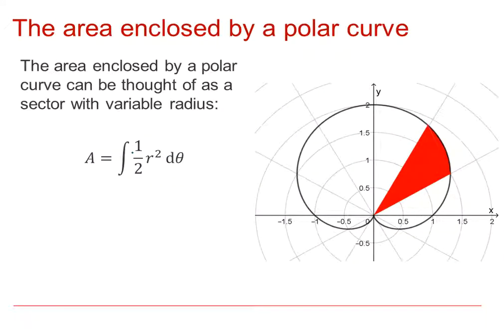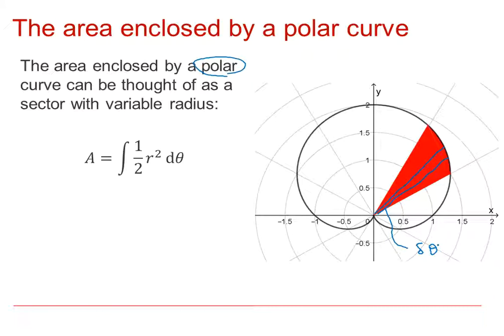We can now look at the area enclosed by a polar curve, which can be thought of as the area of a sector with a variable radius. There's a more formal proof of this in your text, but basically you're considering a very thin slice of this area where the angle is delta theta.